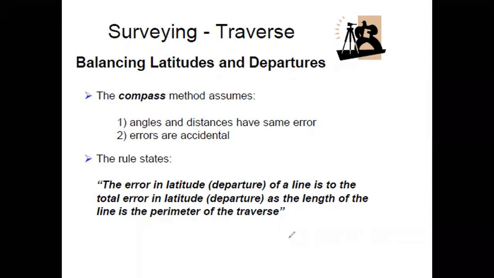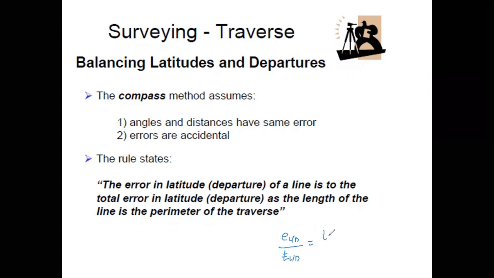In this form, the error is small e for the latitude or departure, over the total error, big E, which is L over the length of the line.